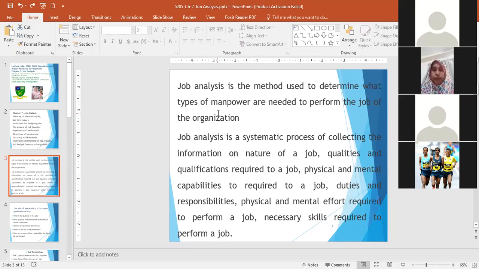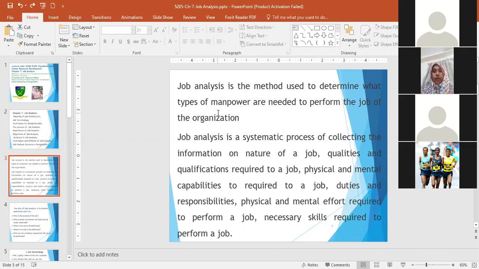Job analysis is a systematic process of collecting information on the nature of a job, the qualities and qualifications required for a job, physical and mental capabilities required for a job, duties and responsibilities, physical and mental effort required to perform a job, and necessary skills required to perform a job.